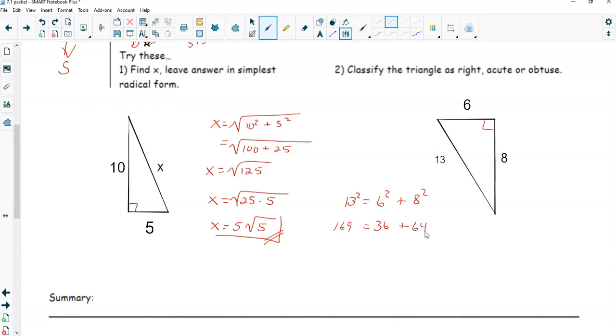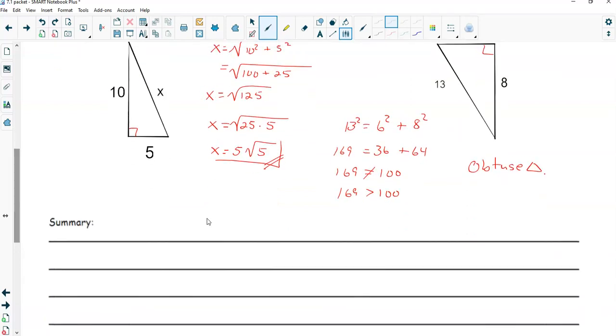This is 64. This is 100. This is 169. So that's not equal. So 169 is greater than 100. Therefore, this is an obtuse triangle.